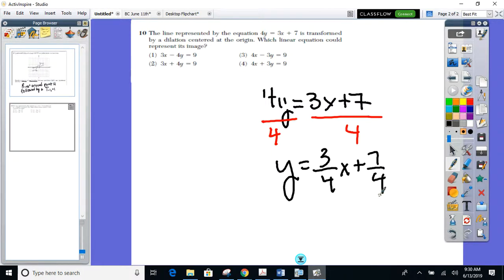What's the slope of this line? 3/4. So when I dilate it around the origin, the slope of the new line will also be 3/4. So your job right now is to go through each multiple choice and figure out which one's going to have a slope of 3/4. And I believe it's choice 1, because you move the negative, it becomes negative 3x, and when you divide by a -4, it becomes positive 3/4. The only thing that'll change when you dilate around the origin is the y-intercept.